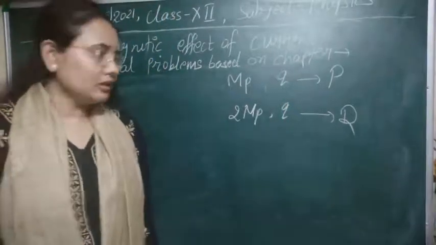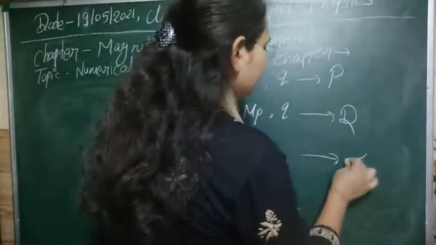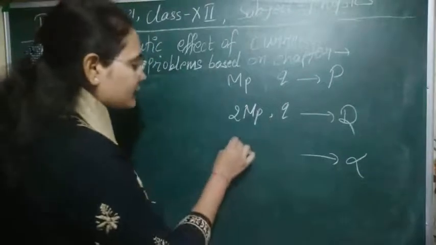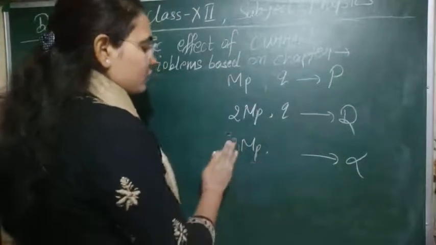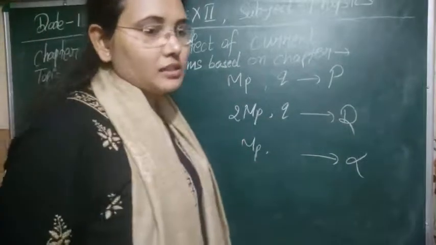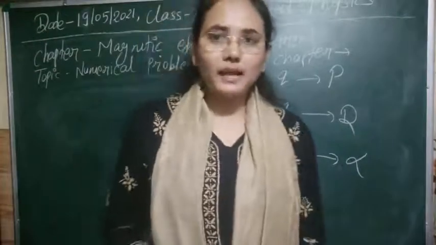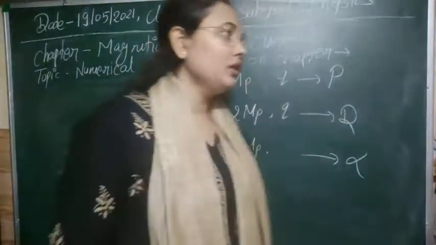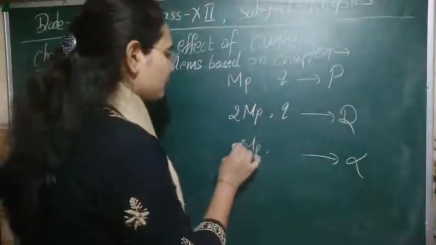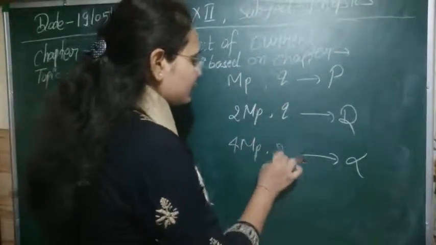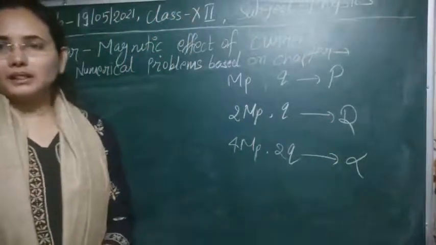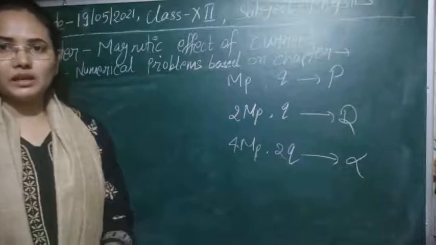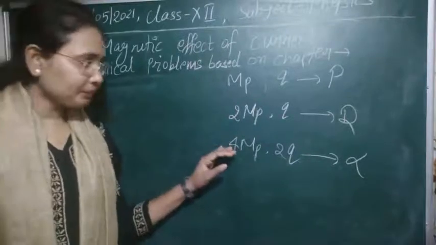And for the alpha particle, the mass is equal to 4 times the mass of proton, and the charge is 2 times the charge on proton. So this is 4 times and this is 2 times. These are the properties of the particles given to us.